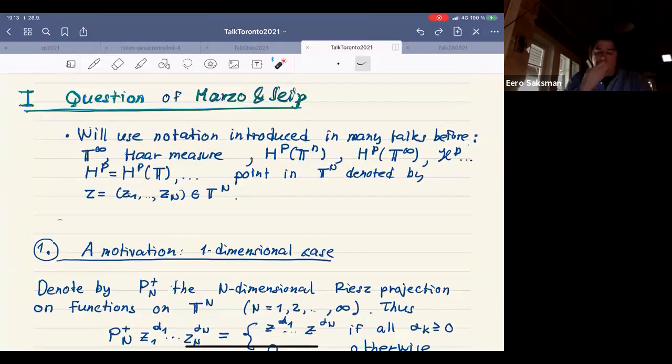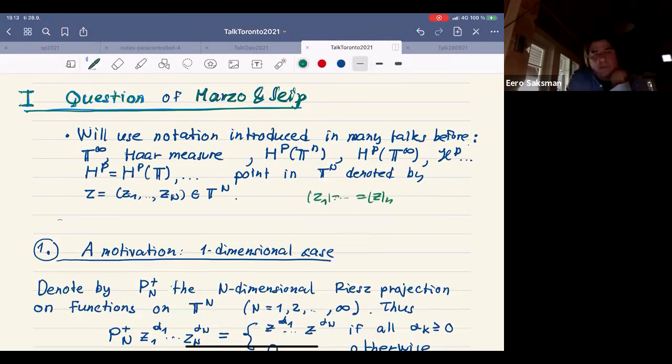And whenever I have a point in T^n, I will denote it as we already did before, z_1 and so on to z_n, which are unimodular. Okay. So what is the question?